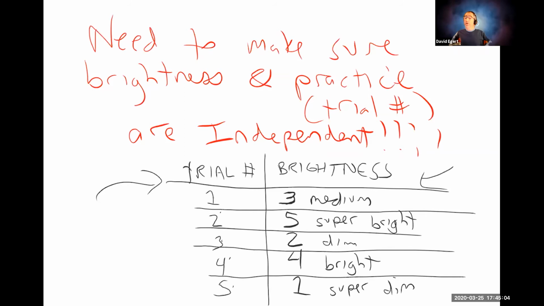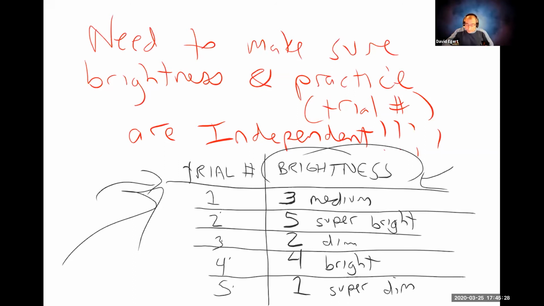This is going to be an important part of your discussion: if you're going to say, oh yeah, the data supports our hypothesis about brightness affecting reaction speed, what evidence do we have that it wasn't just practice? And we are going to have evidence about practice versus brightness because we randomized this.